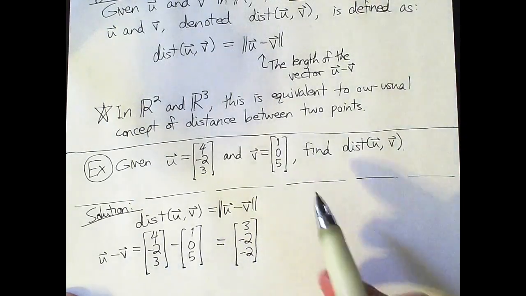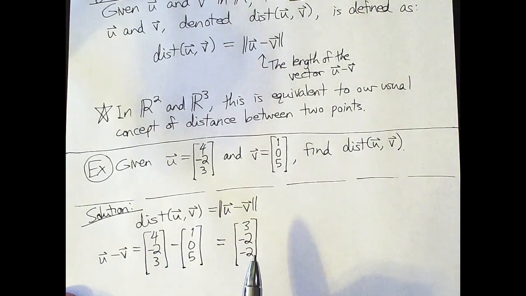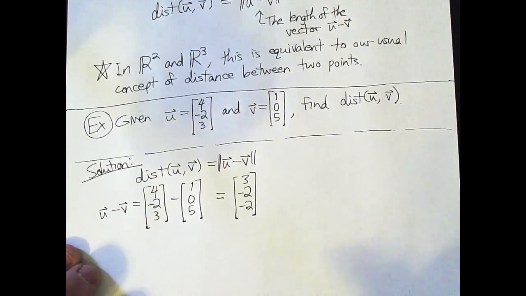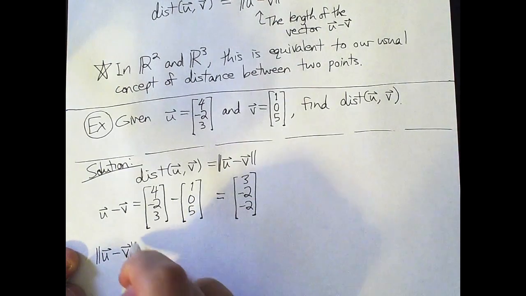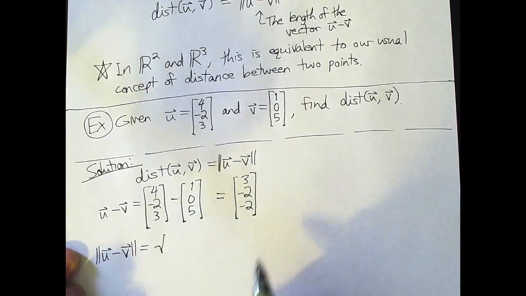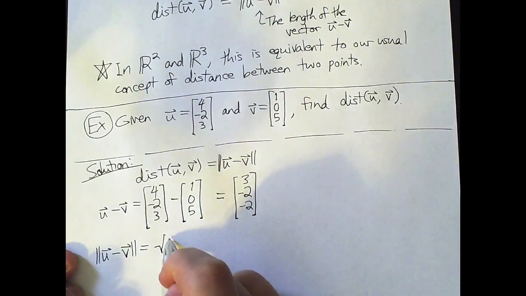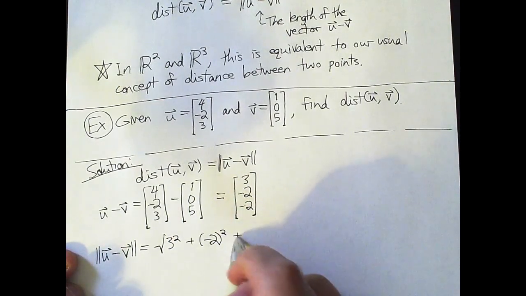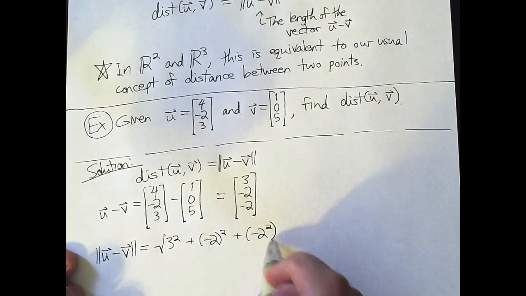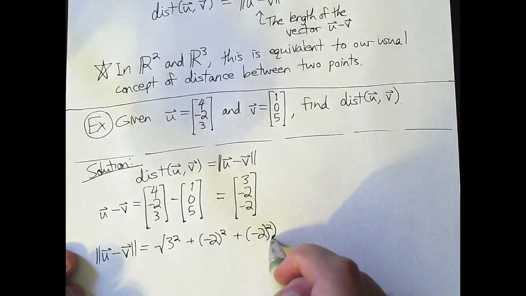So to answer this question, we want to find the length of this vector. So the norm of this vector is the square root of 3 squared plus negative 2 squared plus negative 2 squared. Oops, I put a parenthesis in the wrong place.